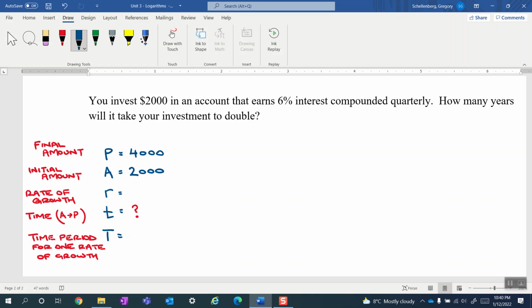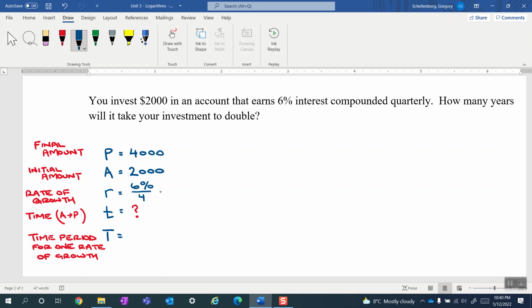And then the next quarter, we're earning interest on our initial amount, our principal investment, plus the interest that we have just earned. Okay, so our rate of growth here is we're going to take that 6%, and we'll convert it in just a second, and we're going to divide it by 4. We're going to divide it quarterly.